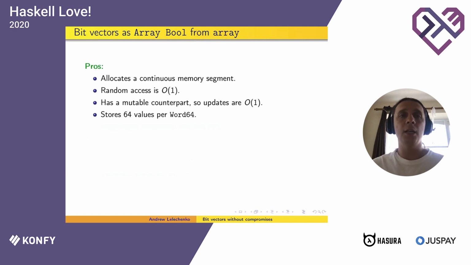Another alternative to the vector package is the array package, which is an older one. Again, it's a nice array in imperative programming: continuous memory chunk, random access, mutable counterpart. And the benefit in comparison to vector is that the array package stores 64 bools per one word, which is the ideal way of storing bits.